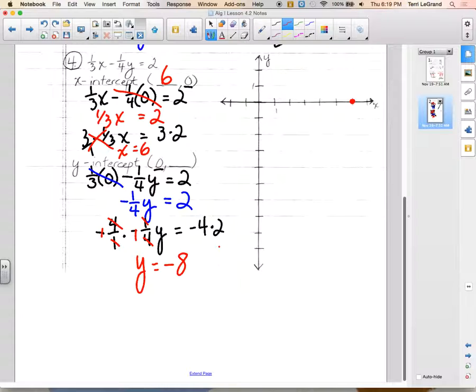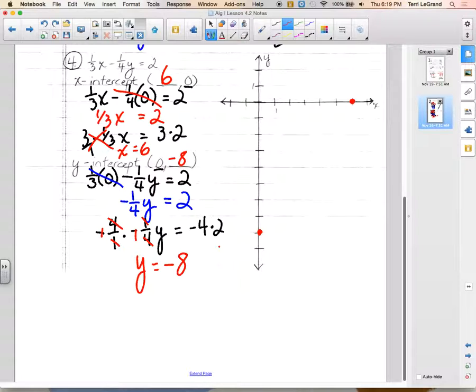So our y-intercept, its ordered pair name, is (0, -8). So we're going to go to negative 8 on the y-axis and plot ourselves a point. Let's see, 1, 2, 3, 4, 5, 6, 7, 8. There's my negative 8 right there.